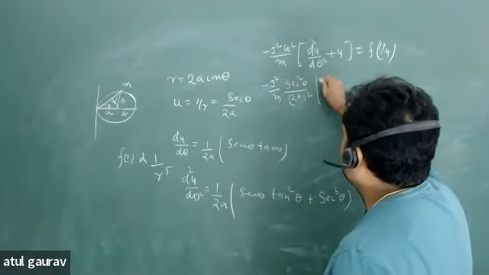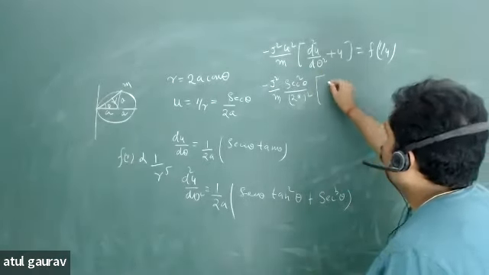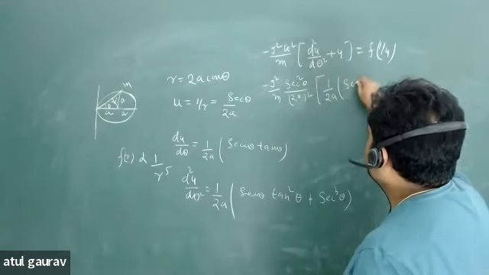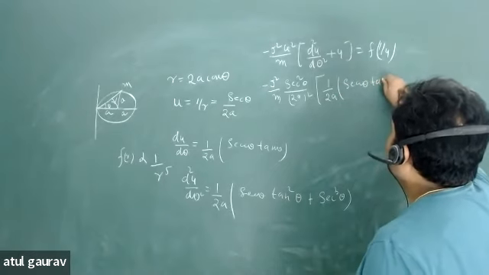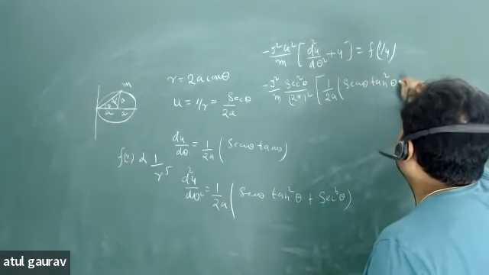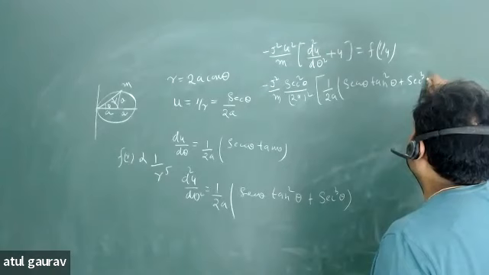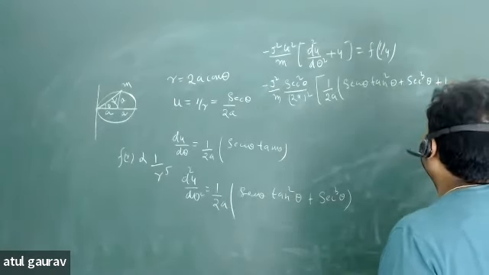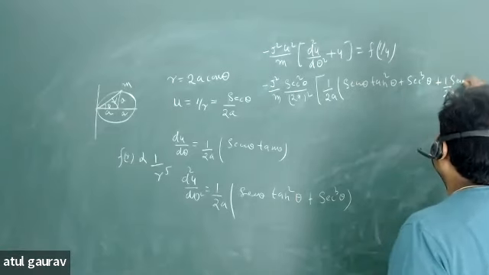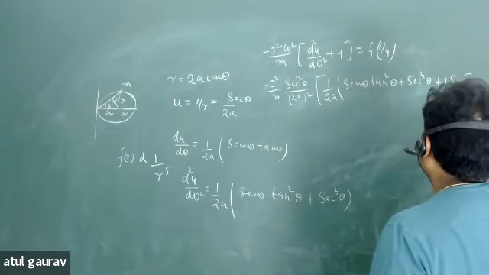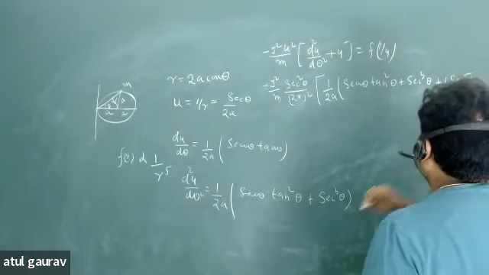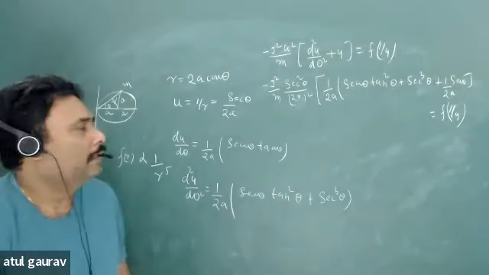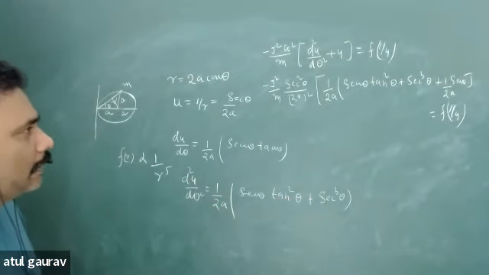So आपको बहुत ही conscious रहना होगा. You have to take 1 upon 2a. This is sec theta tan square theta plus sec cube theta, plus u is also there. So 1 upon 2a sec theta must be equal to f of 1 by u. Clear है ये? So it looks a little bit clumsy, है ना? ज्यादा कुछ expression आ रहा है.